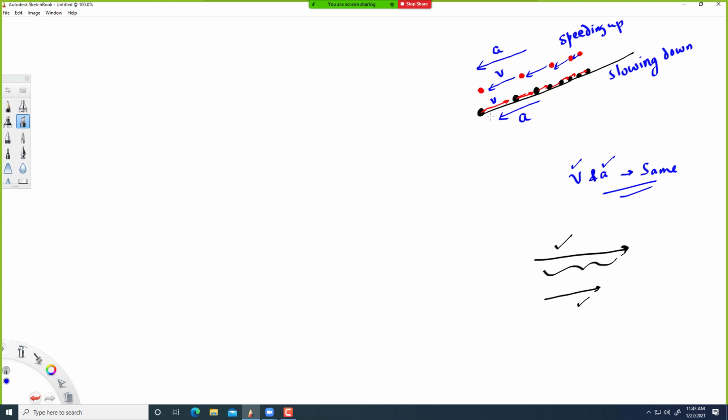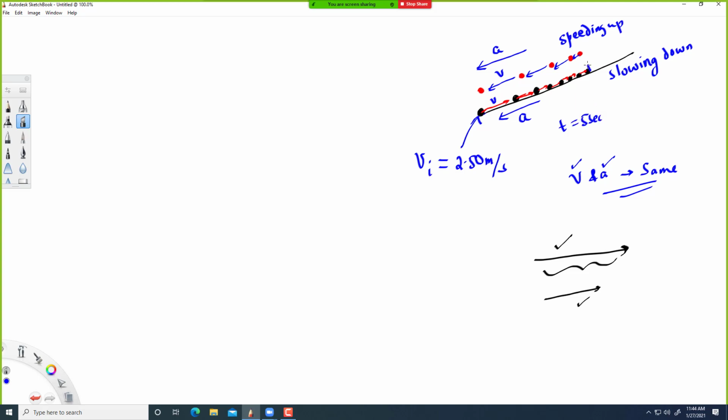It says the ball starts at 2.5 meters per second. So initially here the ball has the velocity of 2.5 meters per second. That's the initial velocity. And it slows down for 5 seconds. So from here to here, it takes 5 seconds before it comes to rest.